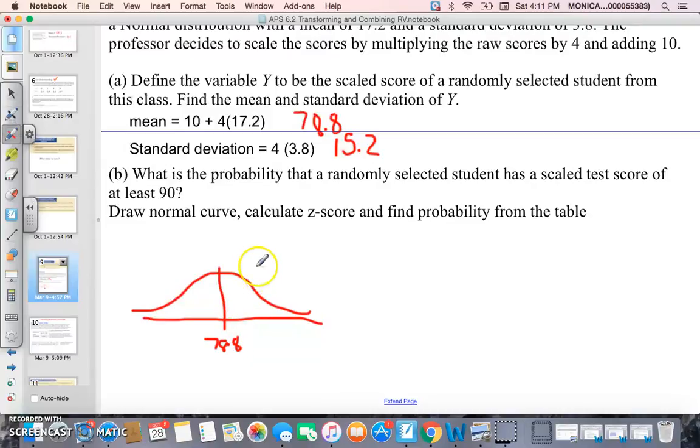And we want to know a 90, so I would say a 90 is somewhere over here. And we want to know at least a 90, so that means 90 and greater. So I should be thinking in my mind that I'm going to have to take it away from 1. So what I'm going to do is 90 minus 78.8, and this should be review, and then I'm going to divide it by 15.2.